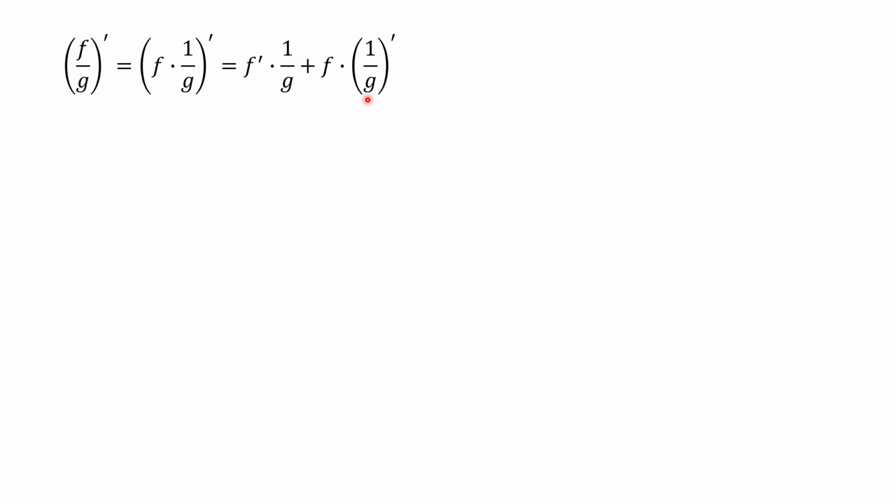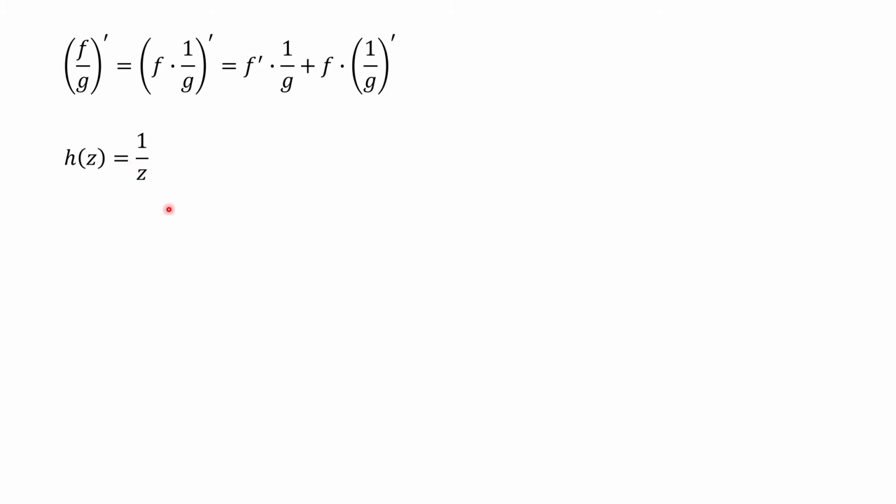What we're going to do here is use information from the previous video, when we talked about the superposition of functions, the derivative of superposition of functions. Essentially, we're going to look at this as the superposition of two functions. The first function is h of z equals 1 over z.